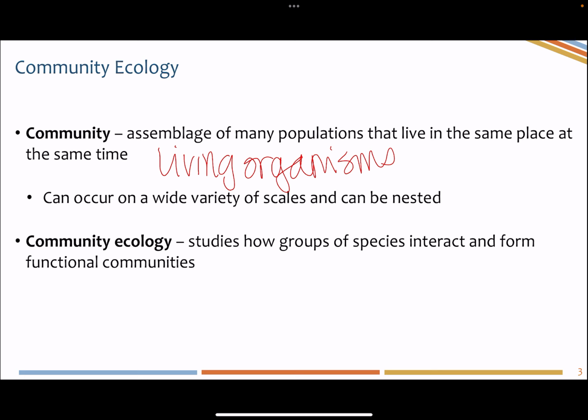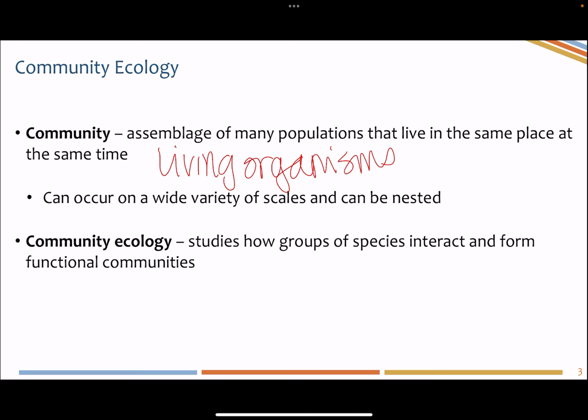So just like populations, we can study communities at a wide variety of scales. So for example, you might look at the community of soil organisms in your garden, or you might look at the community of organisms that are in your backyard. Just depends on what you are looking for and what it is that you need to study.